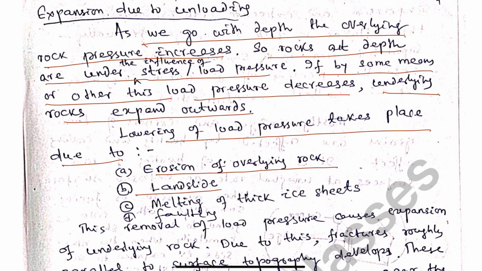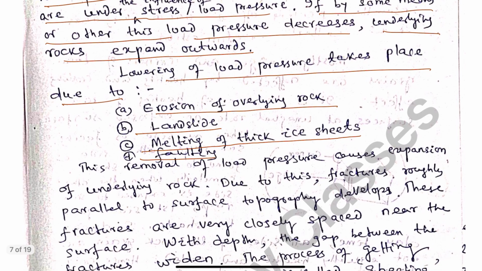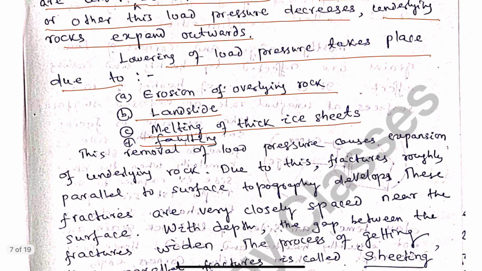It may be due to landslides, or due to melting of thick ice sheets from the top of the mountains, or due to faulting, as a result of which the overlying load is reduced. Under the removal of load pressure, there occurs expansion of underlying rock.